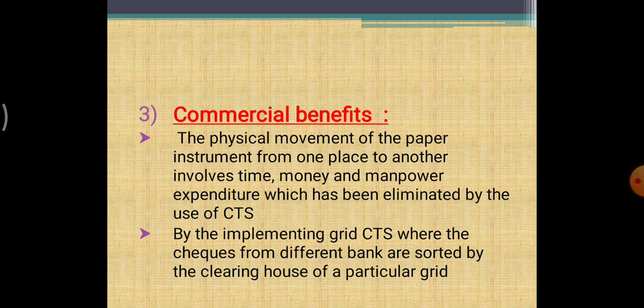So this system has reduced the burden on banks in the following ways: the physical movement of a paper instrument from one place to another involves time, money and manpower expenditure, which has been eliminated by the use of CTS.